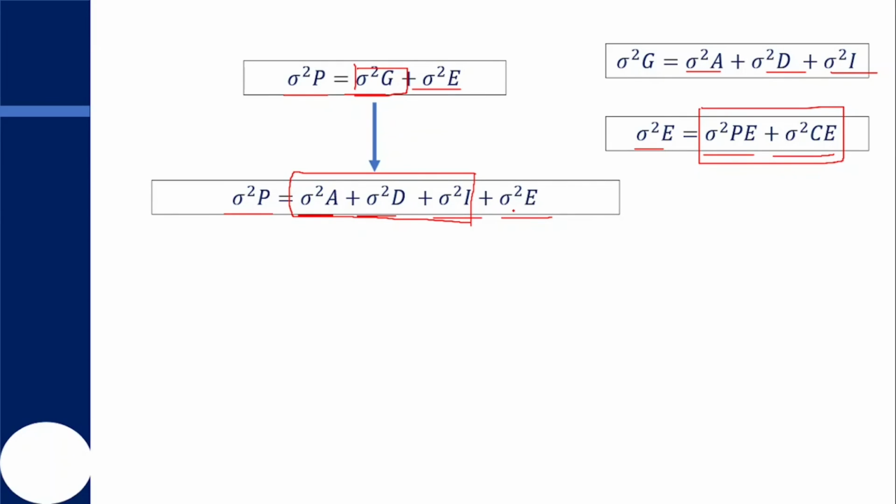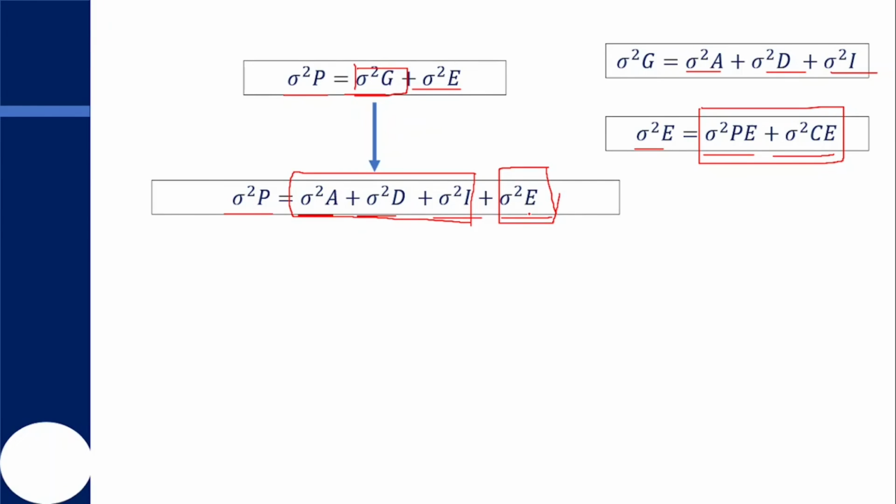Likewise, you can also replace the environmental variance with the components of environmental variance, which are permanent environmental variance and common environmental variance. But as I have already mentioned, it is very difficult to partition environmental variance into its components, and most of the time these environmental variances are considered in this sigma square E, because in statistical terms this sigma square E is also known as residual variance.